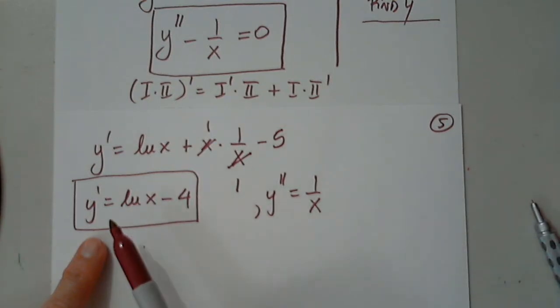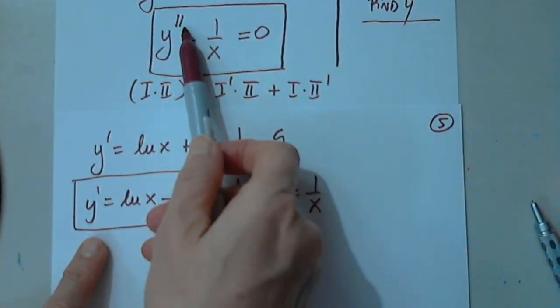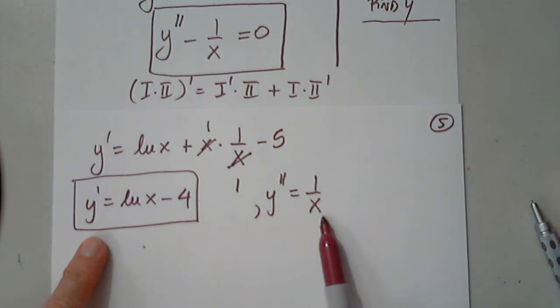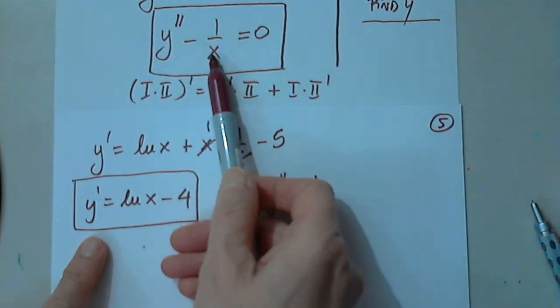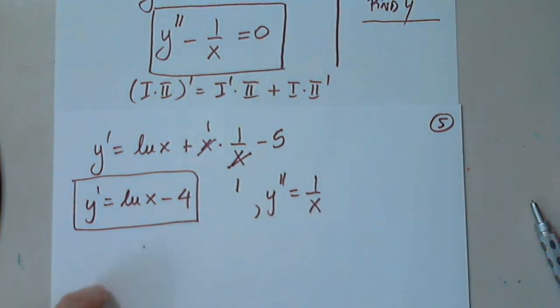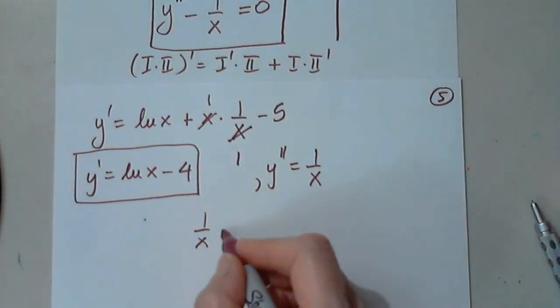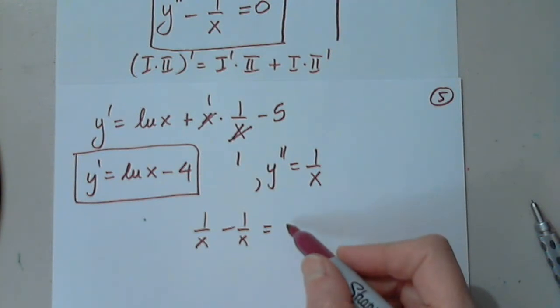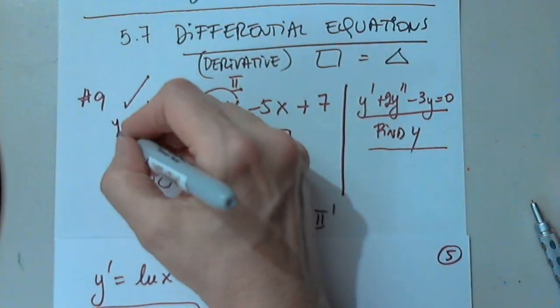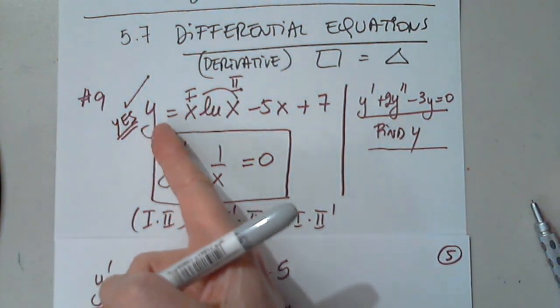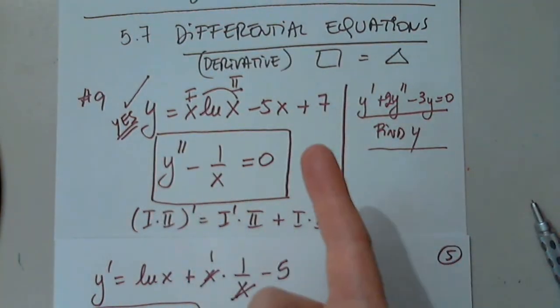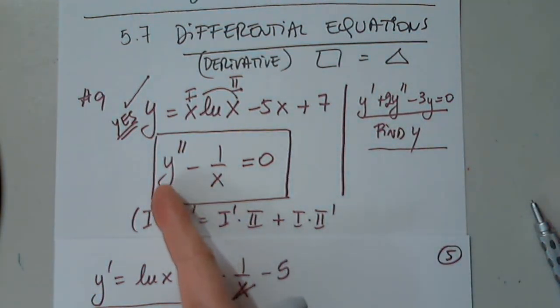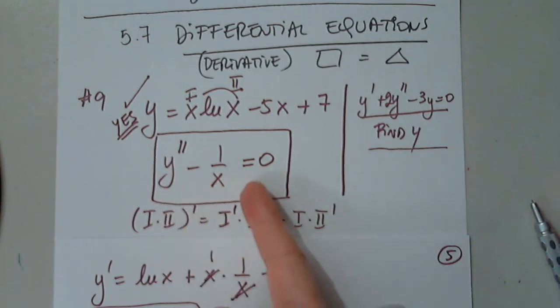Yeah. Okay, perfect. So now, because the equation has the second derivative, when I differentiate this, I get 1 over x. Do you think that when I replace this by 1 over x, I get 1 over x minus 1 over x to be 0? Is this 0? Yes. Good. So then I'll say yes, this function is one of the solutions, not necessarily the only one, but definitely a solution of this differential equation.